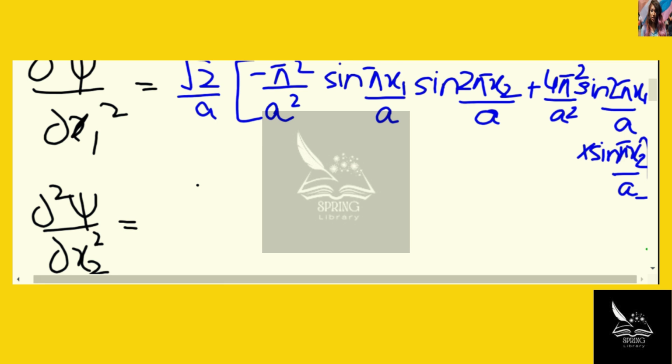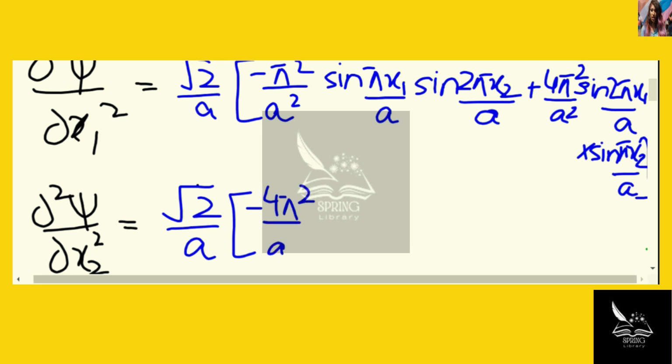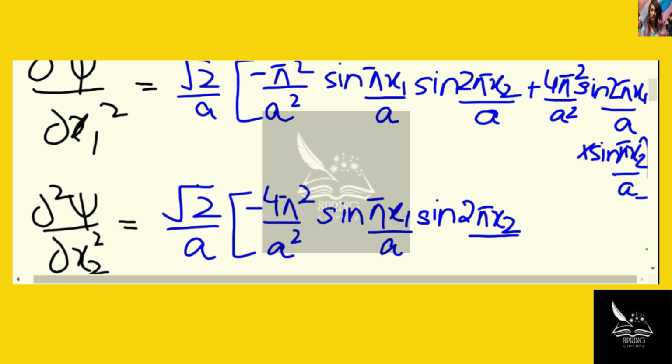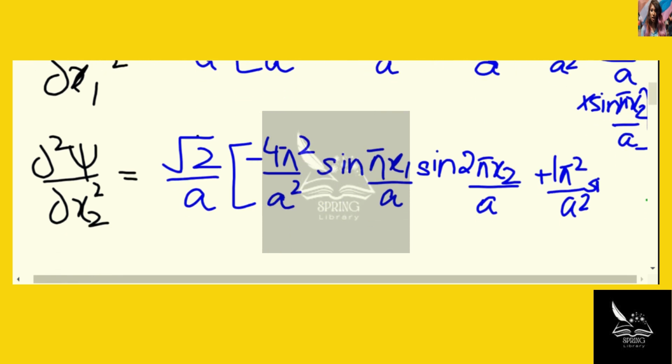That would be root 2 divided by a, square bracket, negative 4 pi squared divided by a squared times sine pi x1 divided by a times sine 2 pi x2 divided by a, plus 1 times pi squared divided by a squared sine 2 pi x1 divided by a times sine pi x2 divided by a, square bracket closes.